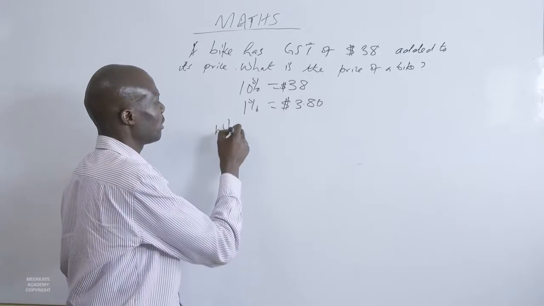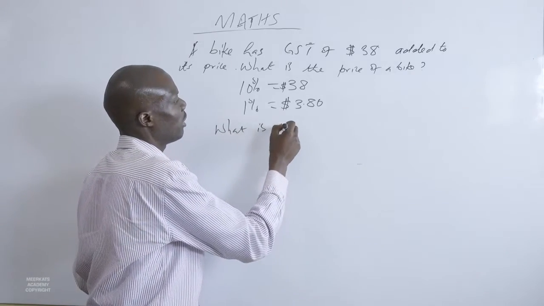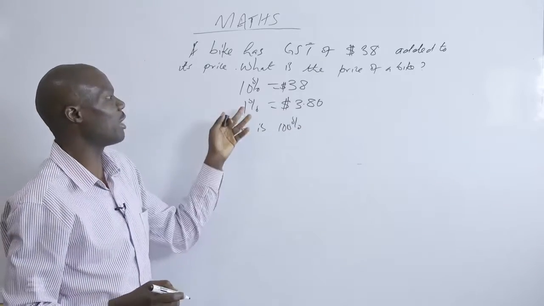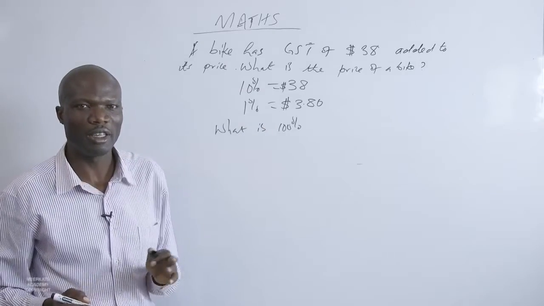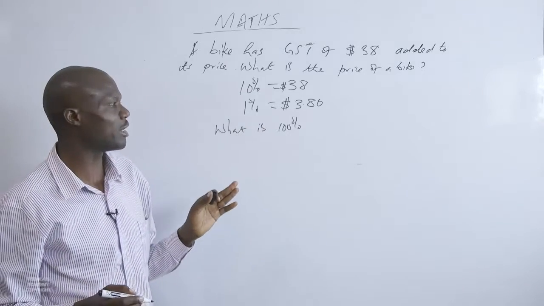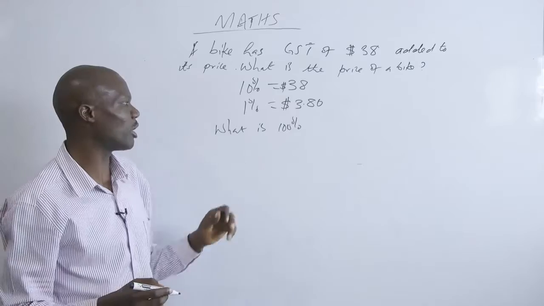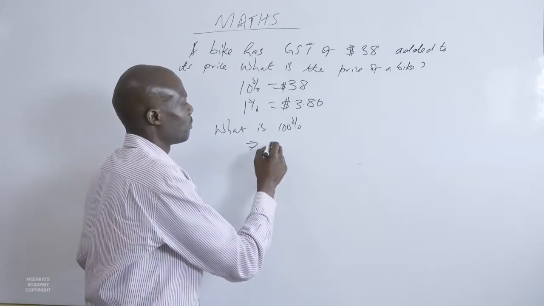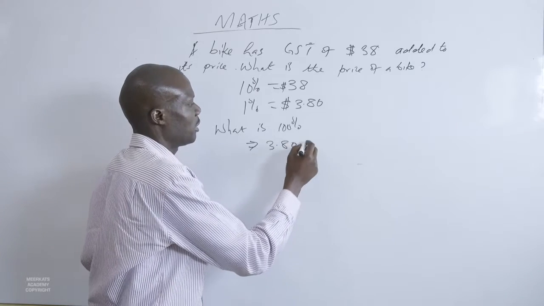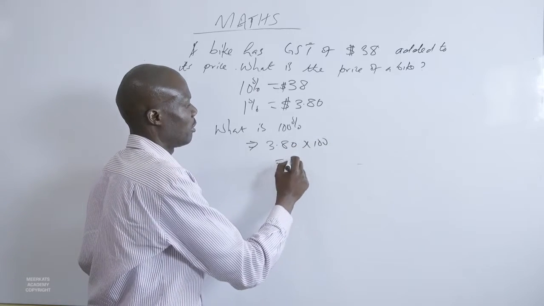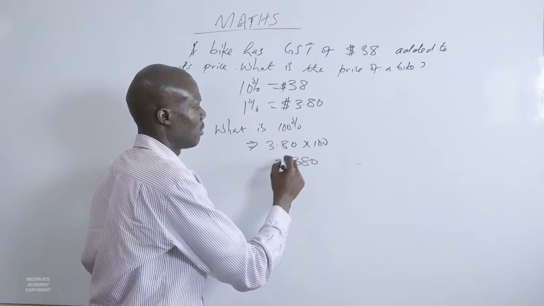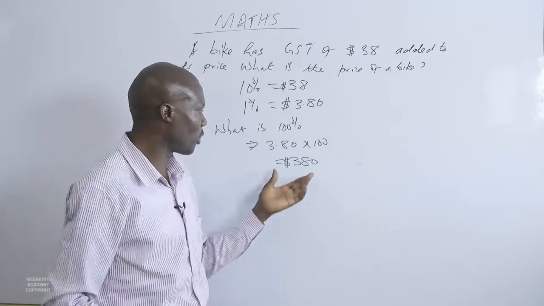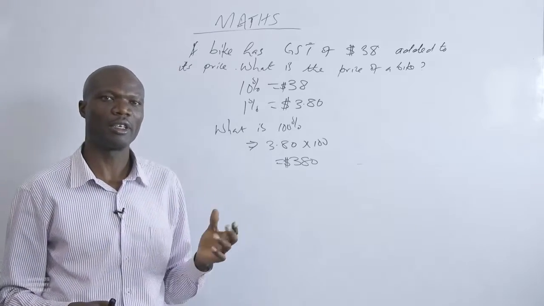So what is 100%? Given that 1% is simply $3.80, 100% will be equivalent to 3.80 multiplied by 100. It gives us, the cost is $380.